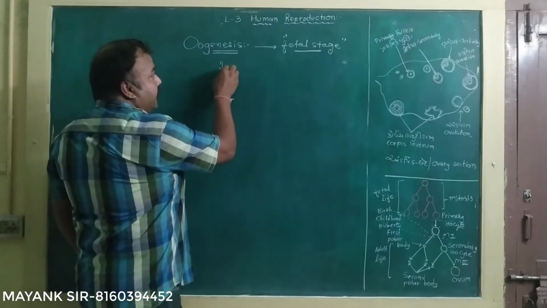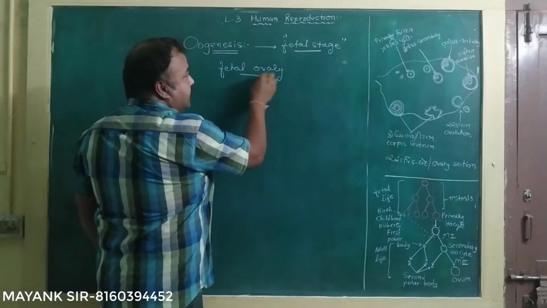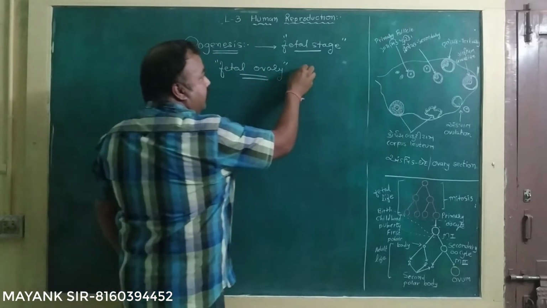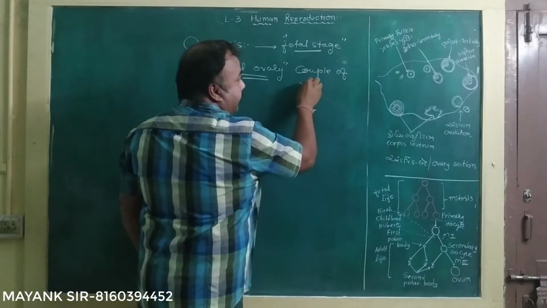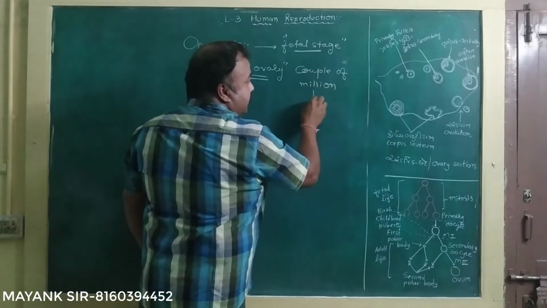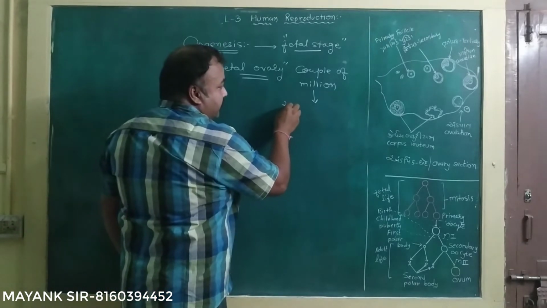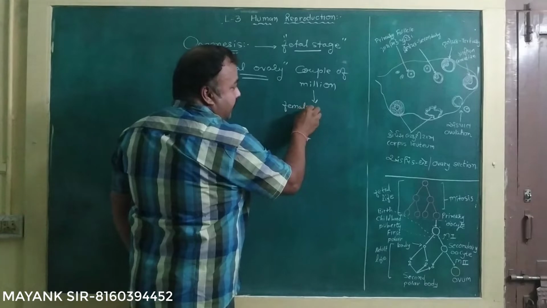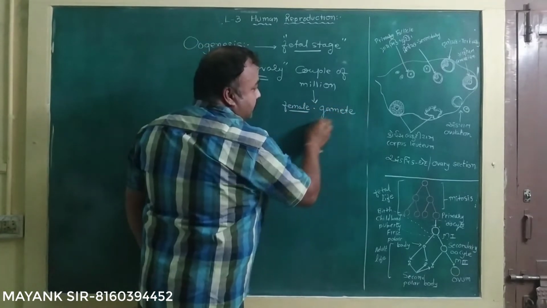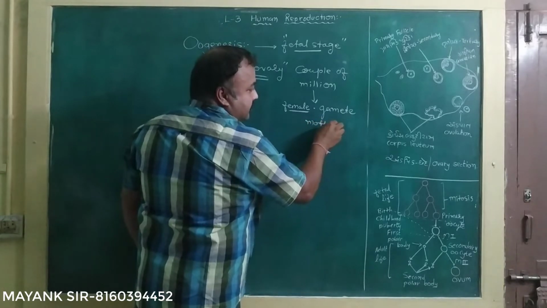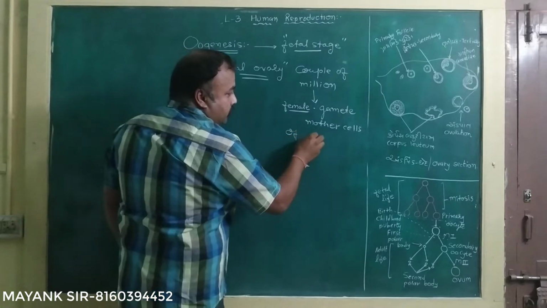The fetal ovary contains a couple of million cells which are known as female gamete mother cells or oogonia.